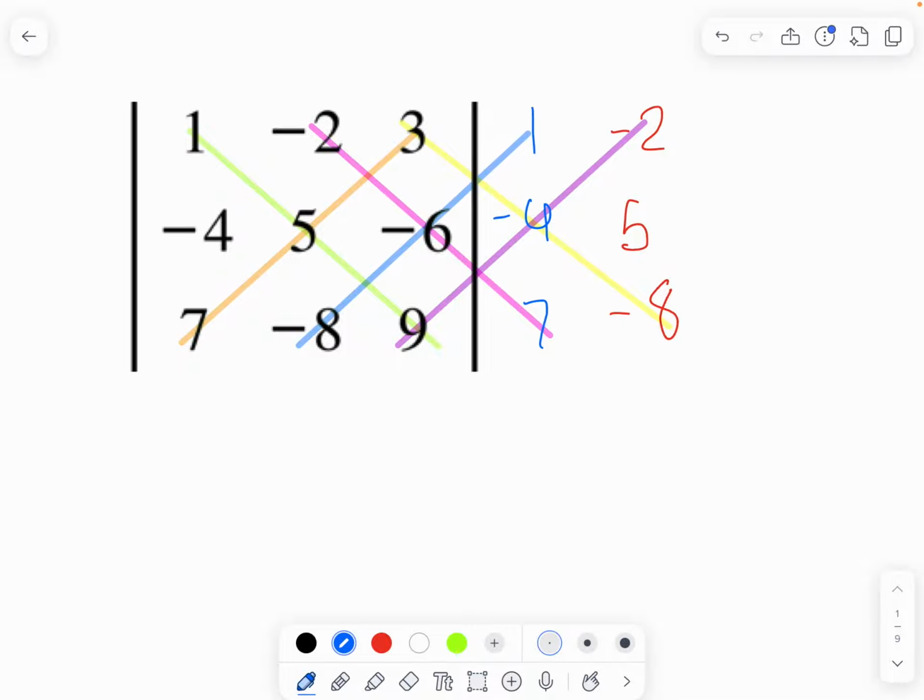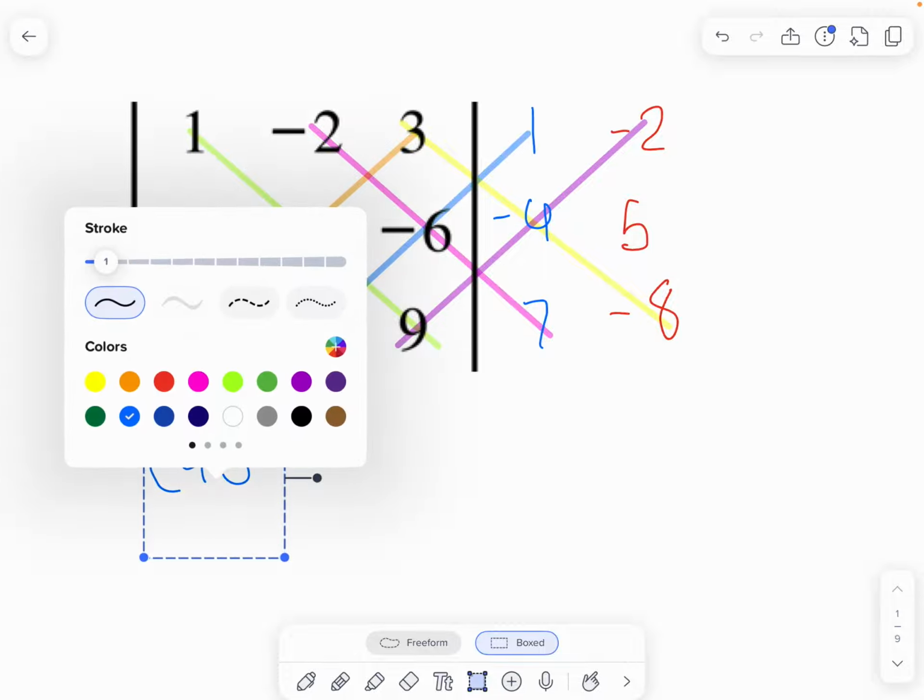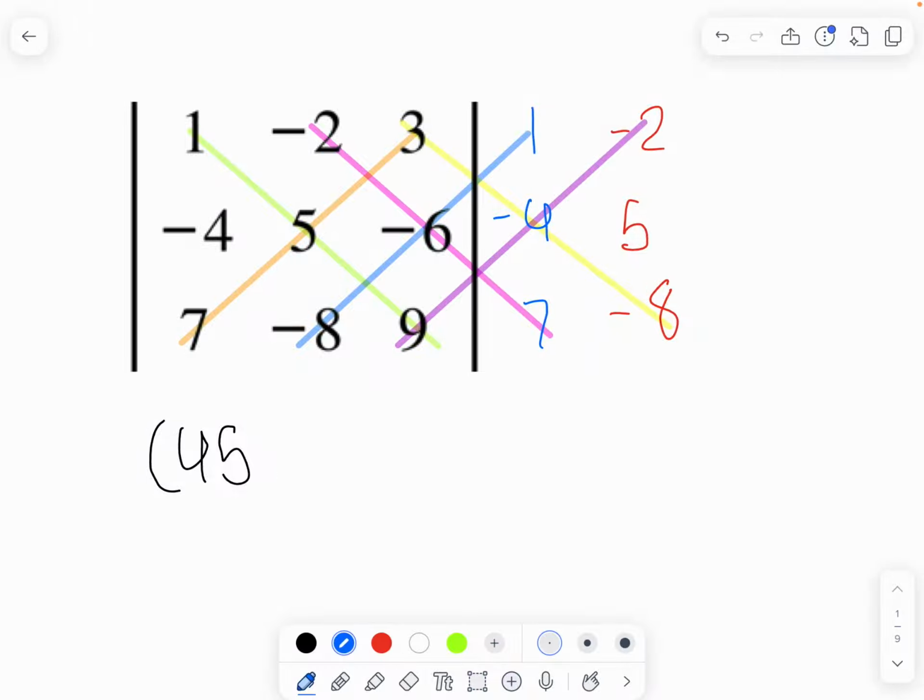So we have 1 times 5 times 9. That's 45. And then for our next set, we have -2 times -6 times 7, which equals 84, plus 3 times -4 times -8. So 3 times -4 is -12, and -12 multiplied by -8 is 96.